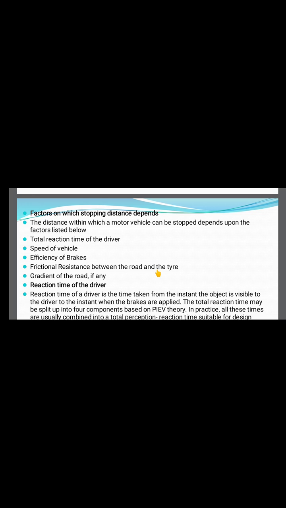The factors which influence the stopping sight distance include the total reaction time of the driver. Reaction time of the driver means whenever he suddenly sees a stop, in his mind he has to think that he needs to press the brake to what extent.